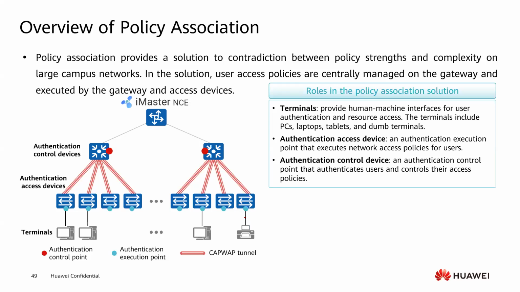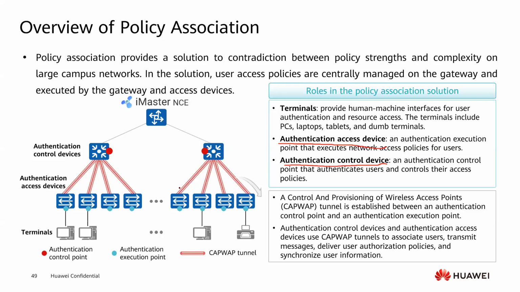This technology separates the authentication point into two devices. One is the authentication access device, and the other is the authentication control device. Otherwise you would combine these two as just one point, the authentication point. Now you separate it into two parts with different functions.